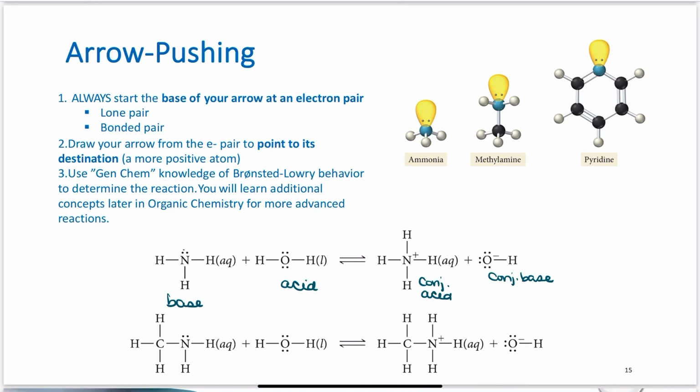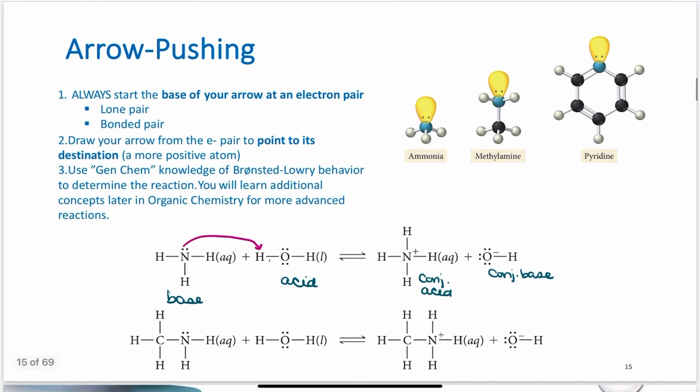This lone pair comes in and is taking this proton. We are then going to draw an arrow from this bond to the oxygen to show that the electrons that are currently being shared between the oxygen and hydrogen are staying on the oxygen. So I formed this bond and I gave this pair of electrons back to the oxygen.